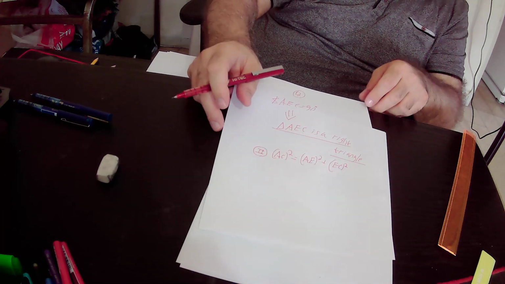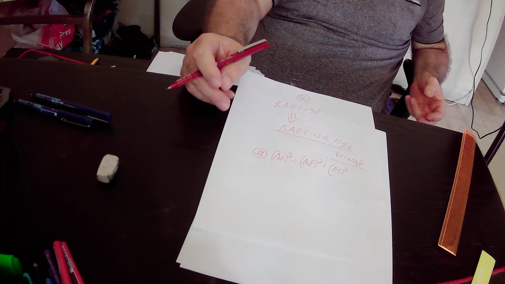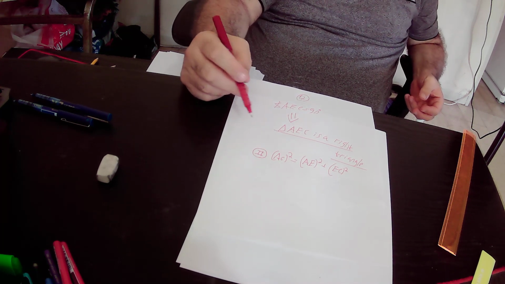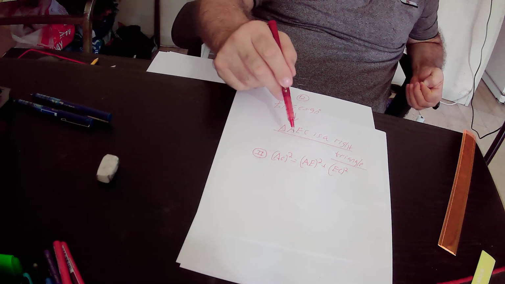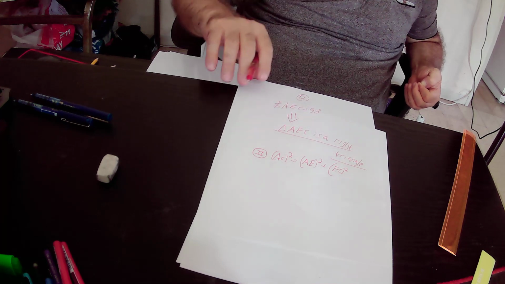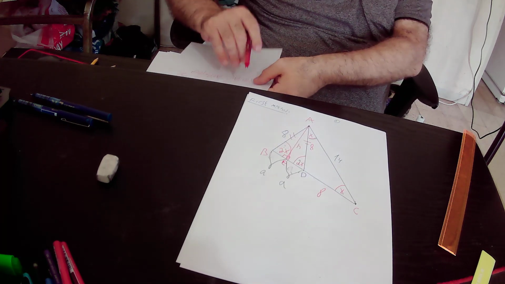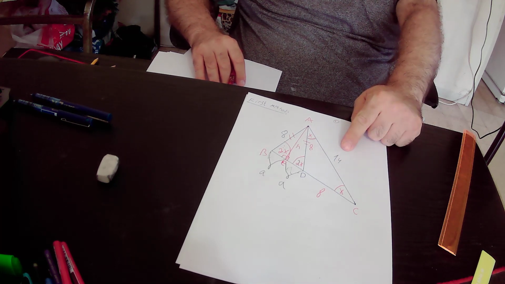Again, in the right triangle AEC, we implemented the Pythagoras theorem, that is to say AC square equals AE square plus EC square. But what is the value of AC? AC equals 14 units.